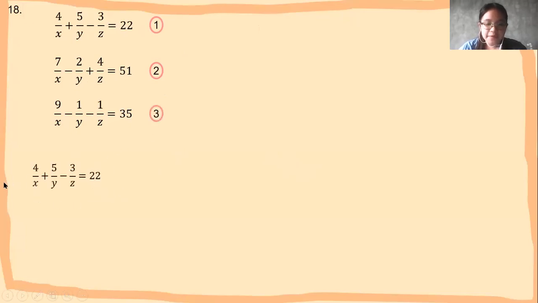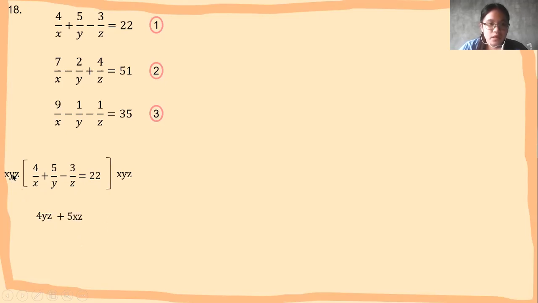So first step, let's simplify and solve for the initial value of x. So let's multiply both sides by the LCD, which is xyz. So xyz divided by x, we have yz times 4 is equal to 4yz. xyz divided by y is equal to xz times 5 is equal to positive 5xz.